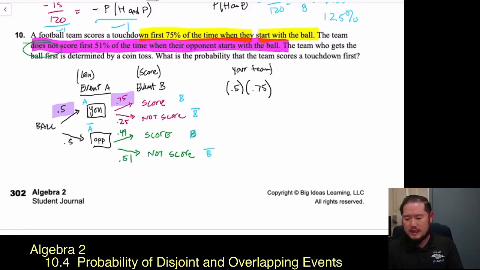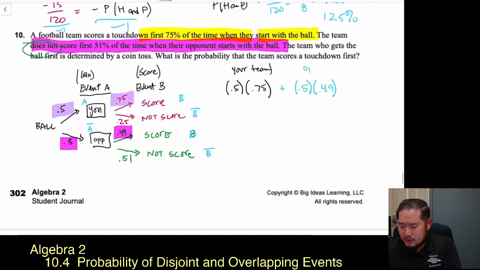But remember, on the flip side, the opposing team can score as well. So the numbers we need to evaluate for the opposing team scoring, I'm going to highlight: they got the ball toss 50%, scoring is 0.49. So the second event is the 50% times 0.49, not as a percent, as a decimal. So that would be the opponent.